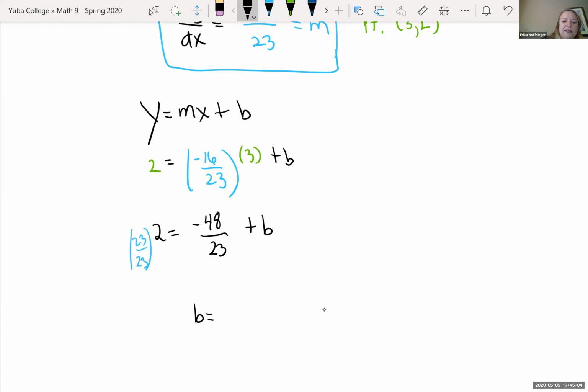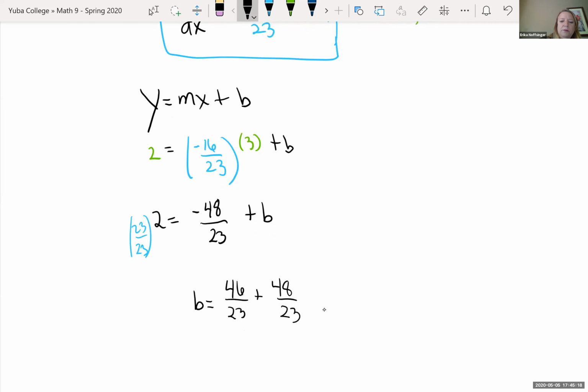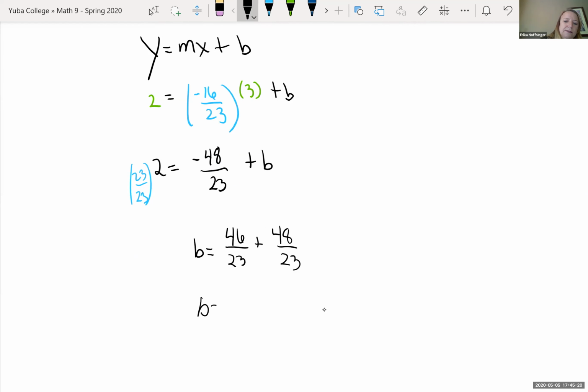So I get 23 over 23 times 2, that's 46/23. I'm going to add 48/23 to both sides. And so b gives us, what is that, 94 over 23.